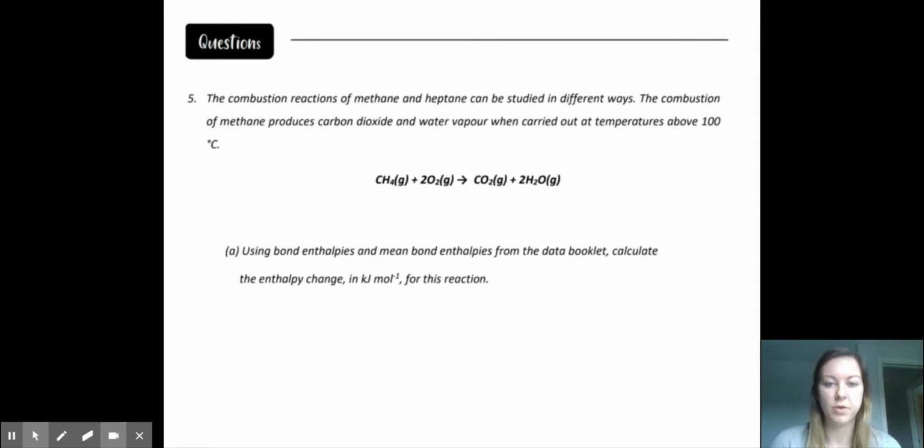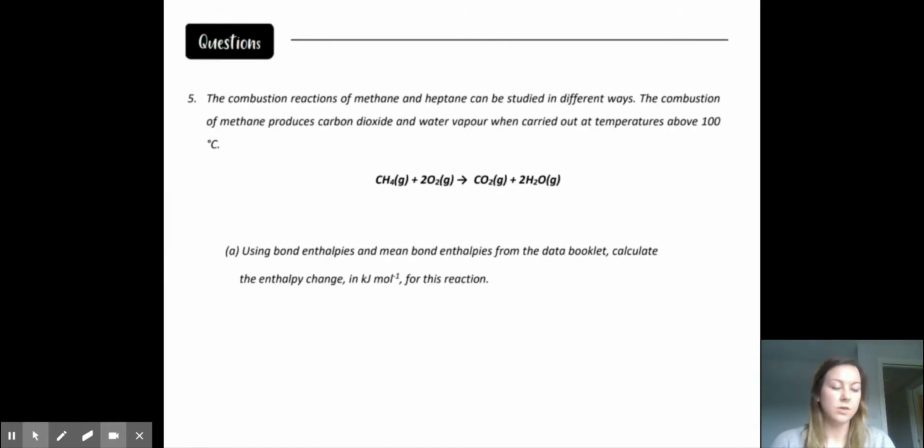Our oxygen molecules, we've got 2 of them, and they are oxygen atoms with a double bond between them. On the other side, we have CO2 with our C in the middle and 2 double bonds to 2 oxygens. And then we have 2 water molecules.